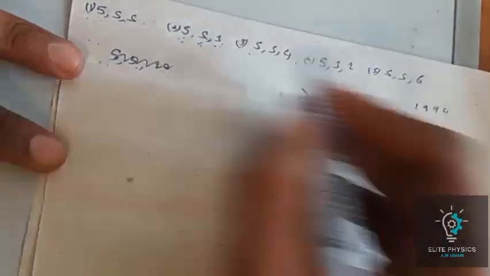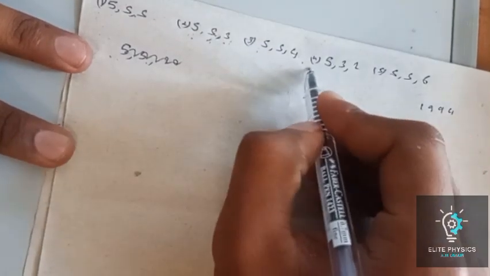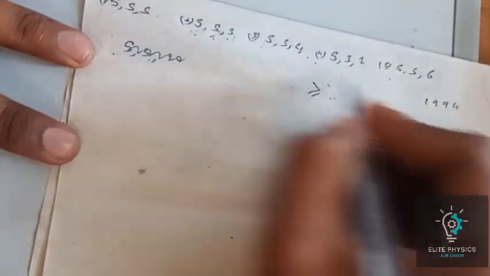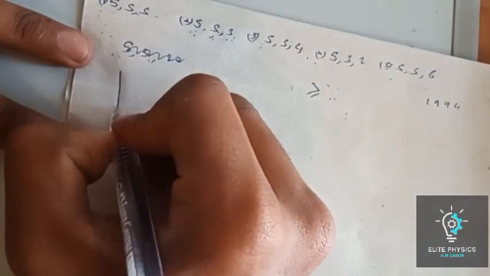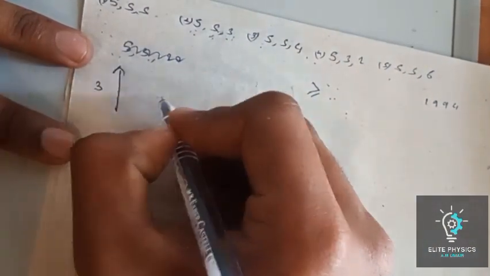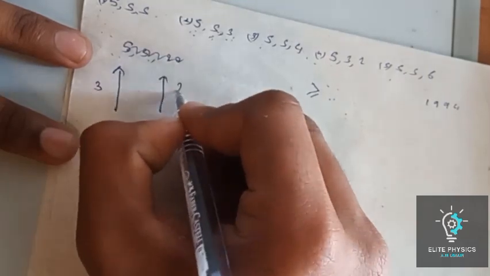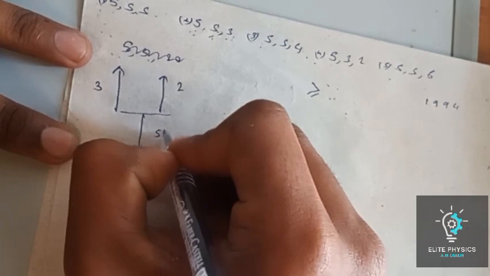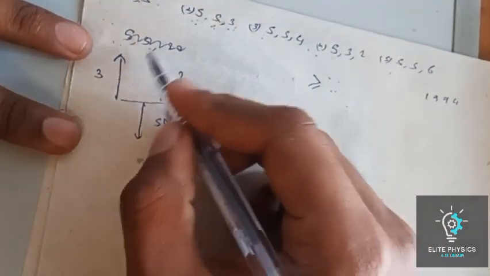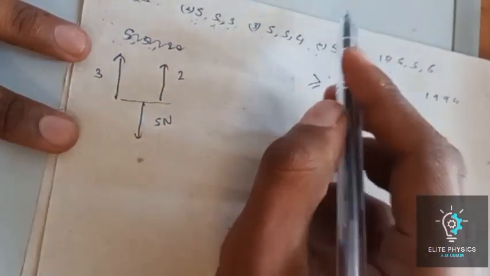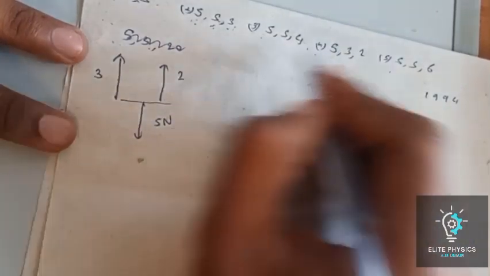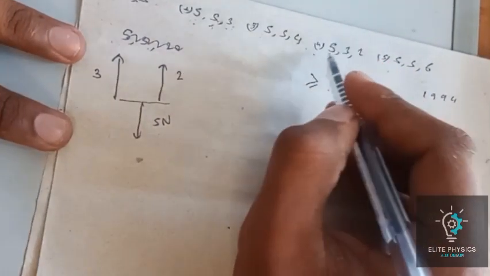But if you understand this answer 5, 3, 2, the only position we can have this in equilibrium is 3 Newton as well as 2 Newton in the upward direction and 5 Newton in the downward direction, right? This is going to be the only possible way we can get a resultant 0 in this case. So I think this is going to be the answer which is wrong, okay?